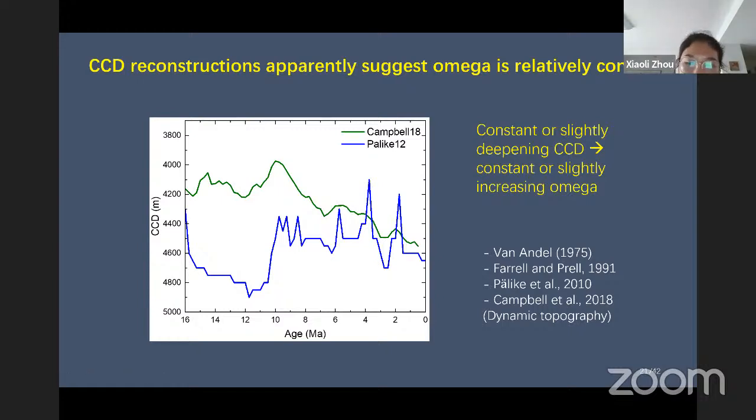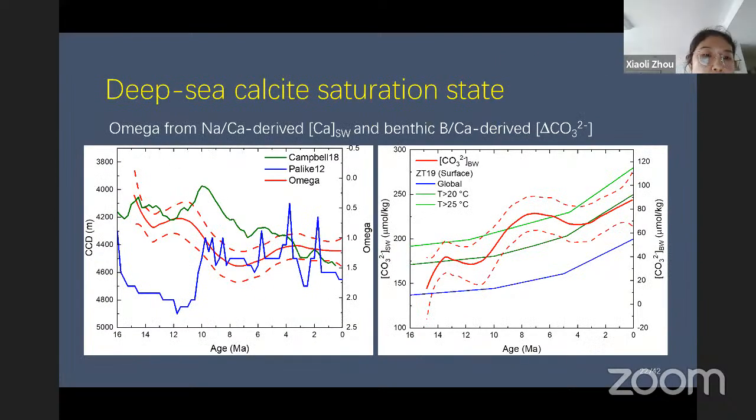So how does our record compare with these two? Before, I showed you how we can get the calcium concentration from sodium calcium, and we also have records of boron calcium ratio, and it can tell us how the delta carbonate ion has changed.